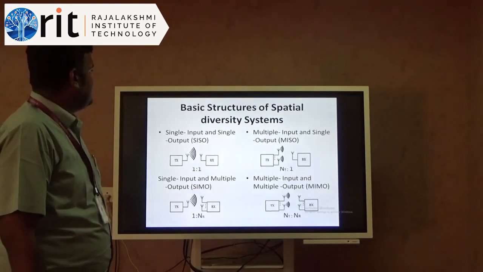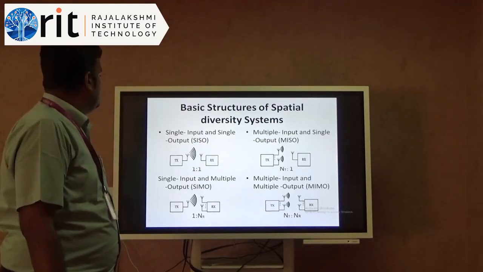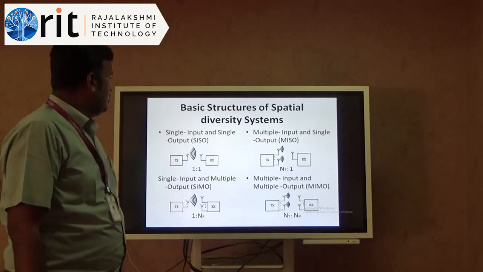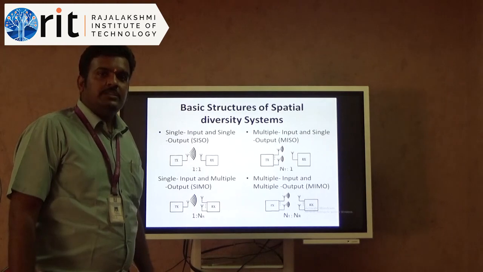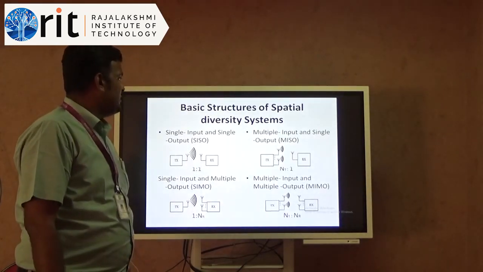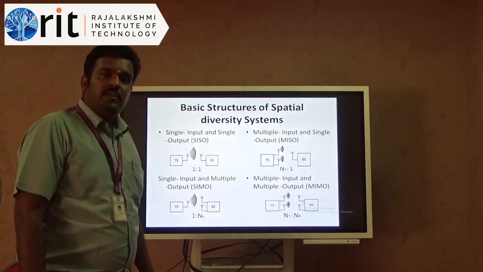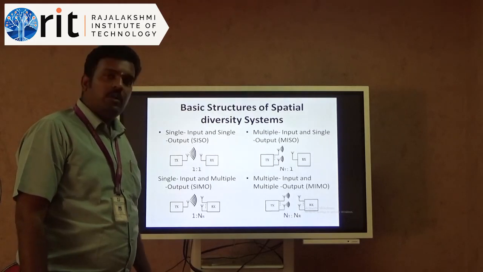These are the four basic structures of spatial diversity systems using multiple antennas. First is the single input single output system, in which we have only one transmitter and one receiver, so it is a one-to-one correspondence. The second case is MISO, in which the number of transmitting antennas is more than one and we have only one receiving antenna.